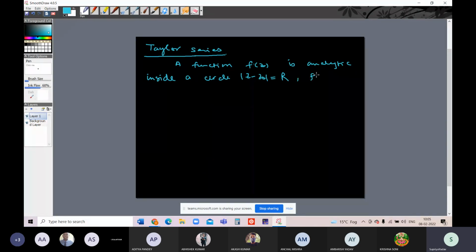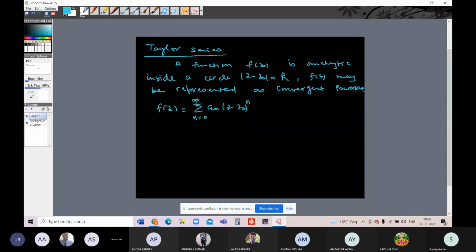So f(z) is equal to the summation of a_n (z - z0)^n, where n goes from 0 to infinity.